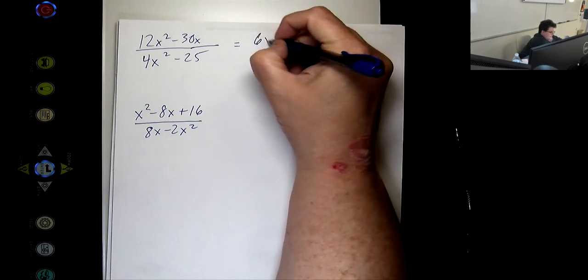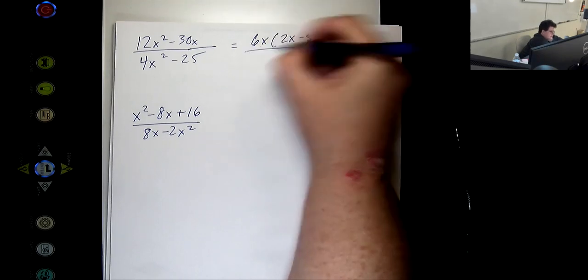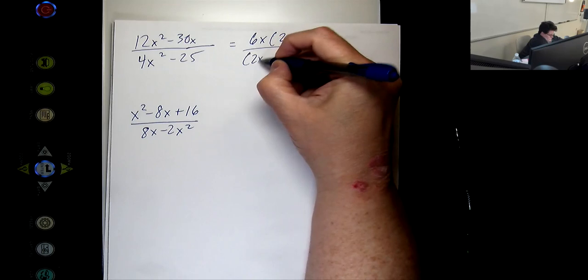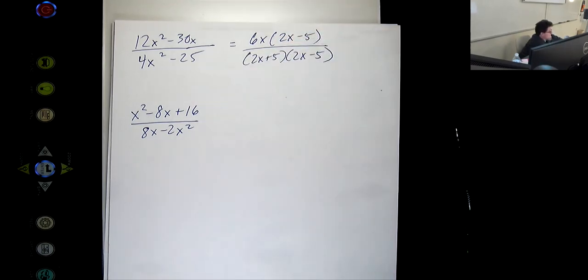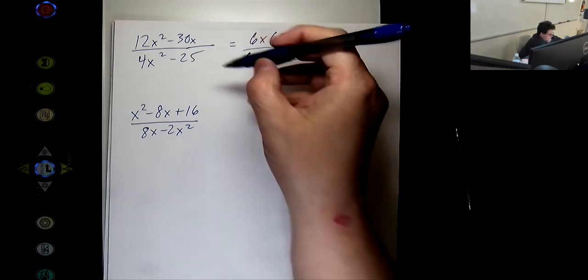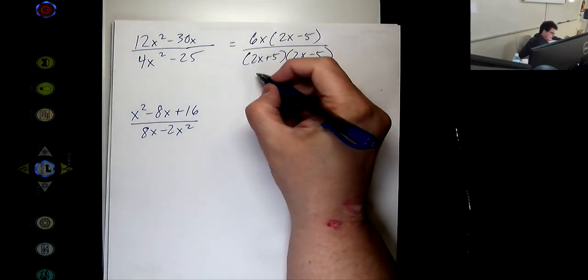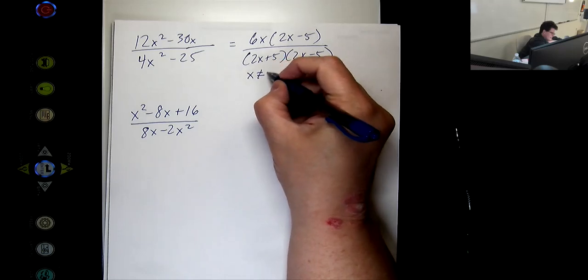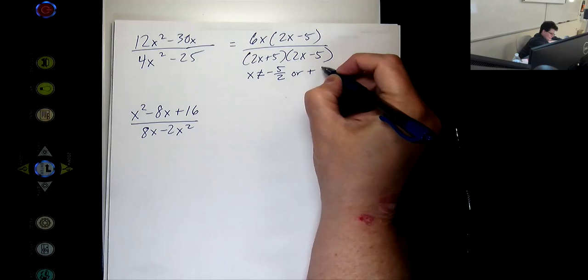They both have a 6, they both have an x. So if I set these equal to 0 and solve, x cannot equal -5/2 or +5/2.